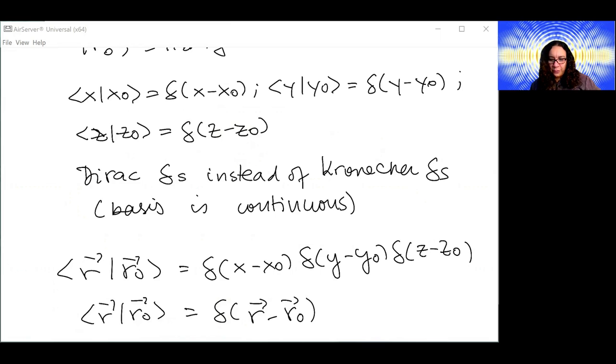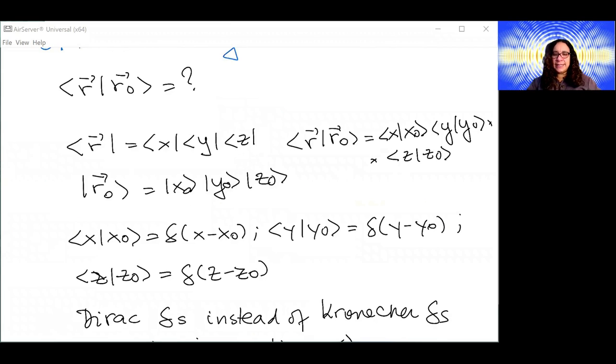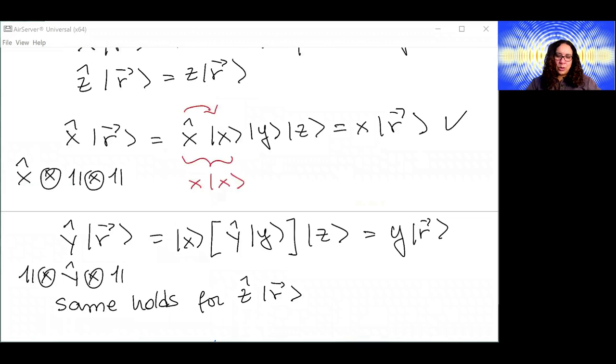But if you really want to distinguish, you can write it as OA, which is O acting on A, identity, identity, and so on.